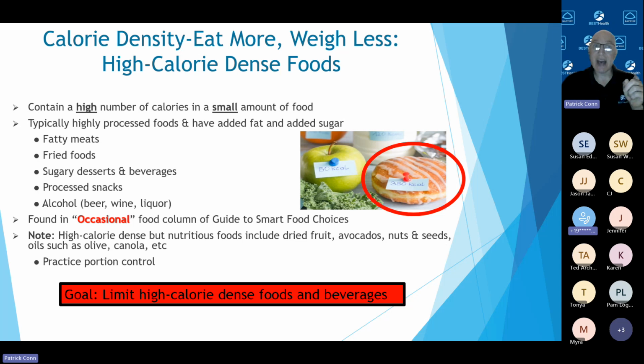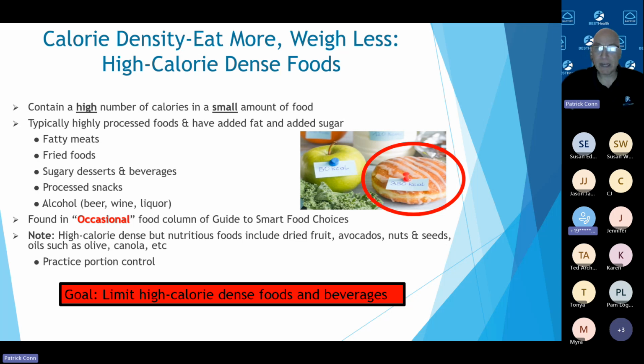Again, they contain a high number of calories in a small amount of food. Typically, these are your highly processed foods, so foods that have been changed from their original state and have added fat and added sugars. So that's two things we want to reduce in our diet. That would be fatty meats, fried foods, sugary desserts and sugary beverages, processed snacks, and alcohol, which is beer, wine, and liquor.